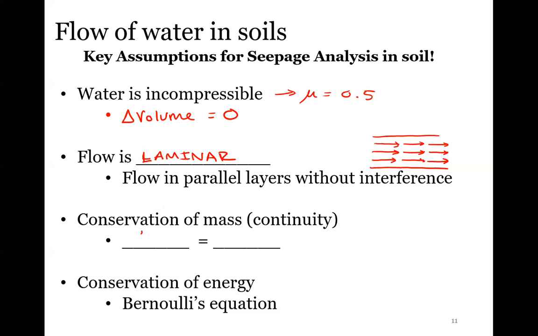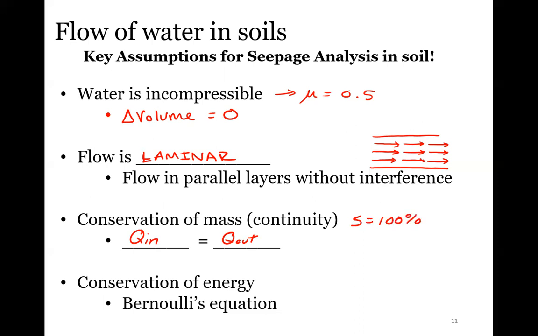That means that the flow of water into a system is equal to the flow of water out of the system. This is really important. This is where we assume that the saturation is equal to 100%, right?